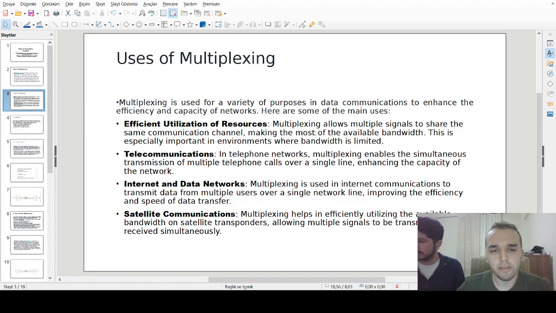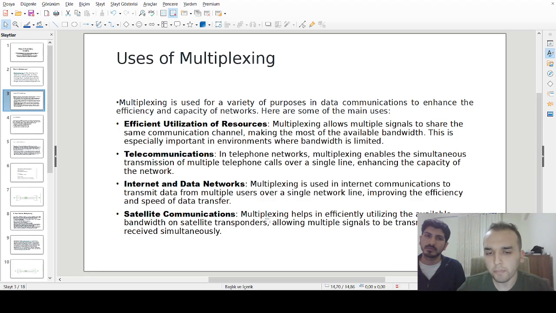This is especially important in environments where bandwidth is limited. Telecommunications. In telephone networks, multiplexing enables the simultaneous transmission of multiple telephone calls over a single line and increases the capacity of the network. Internet and data networks. Multiplexing is used in internet communications to transmit data from multiple users over a single network line, improving the efficiency and speed of data transfer.